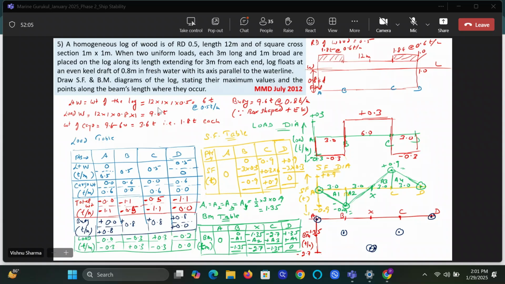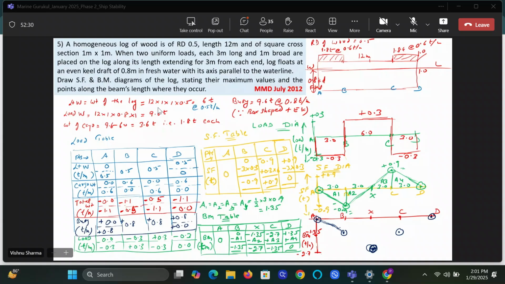Whatever little aberrations are there coming, they are because of the manual without-scale plotting that I'm doing. Can you join and tell me how it would look, guys? From A to B, it's a triangle with vertex to base. So it would be like this.